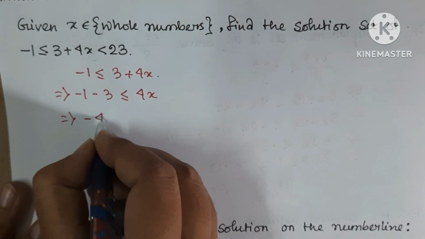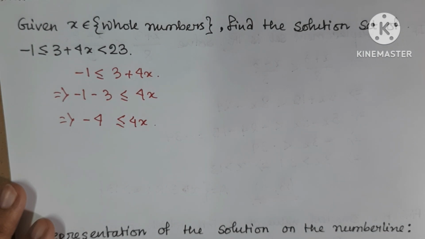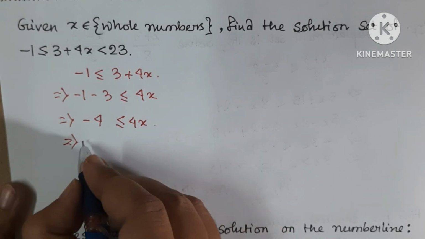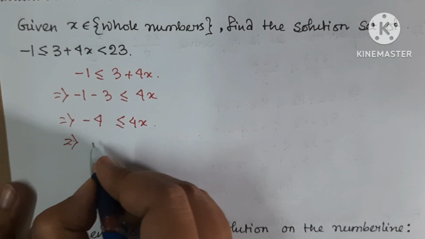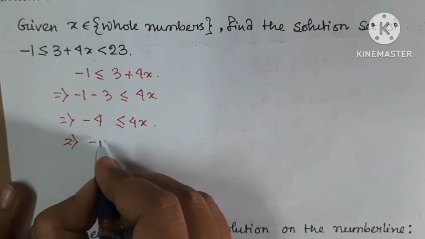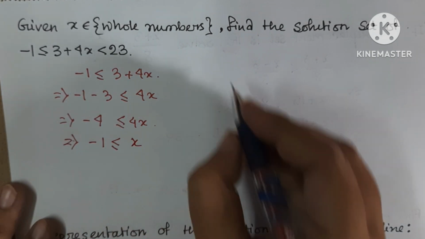So minus 4 less than or equal to 4x. And if you divide it by 4, then minus 1 is less than or equal to x, right?